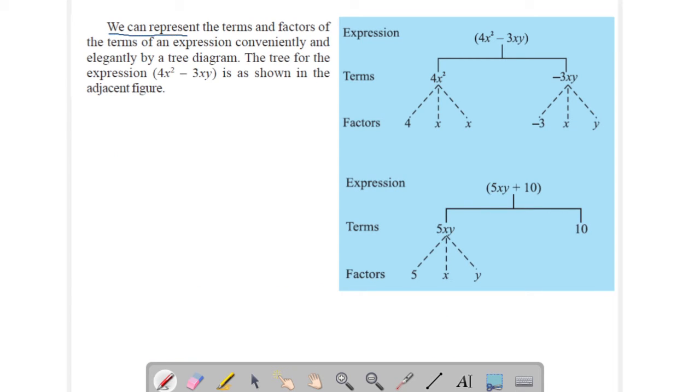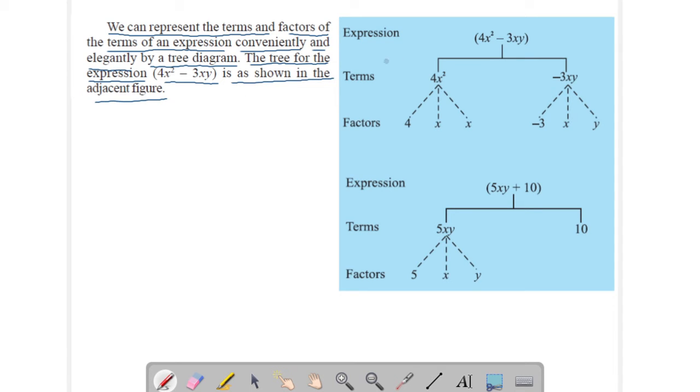We can represent the terms and factors of the terms of an expression conveniently and elegantly by a tree diagram. The tree for the expression 4x square minus 3xy is as shown in the adjacent figure.